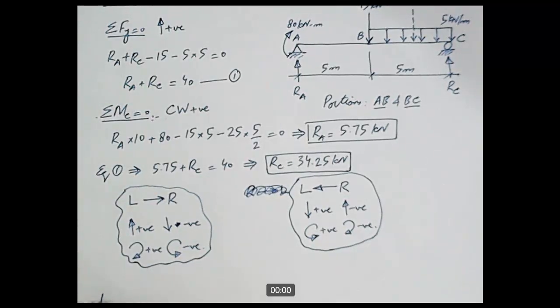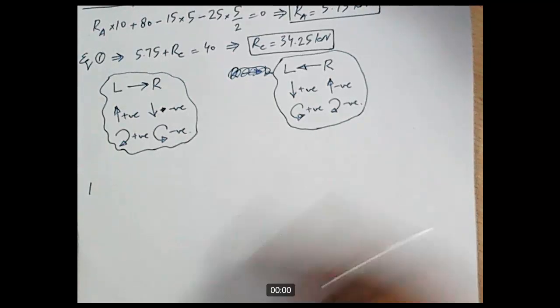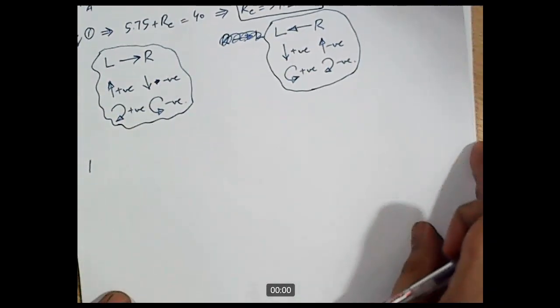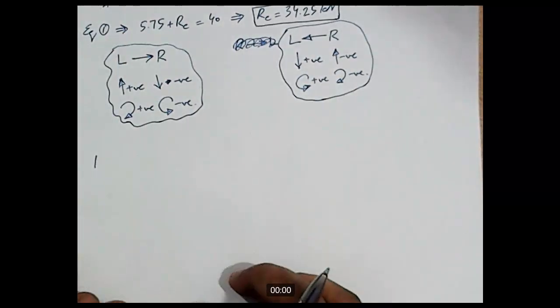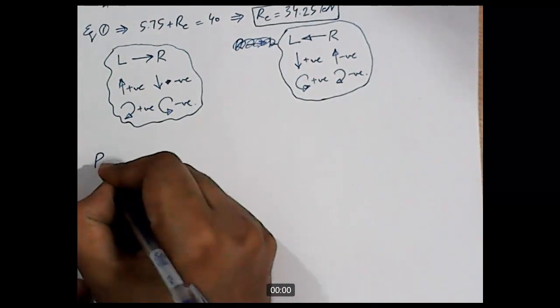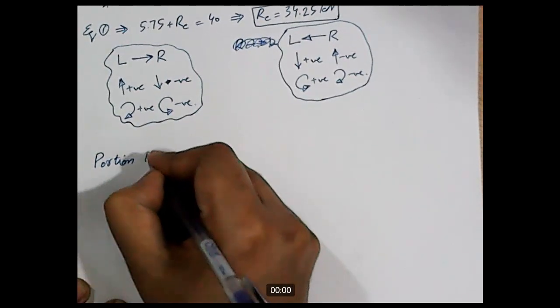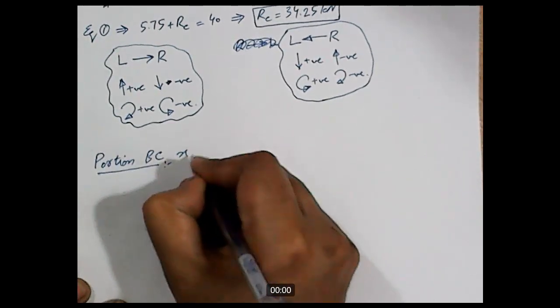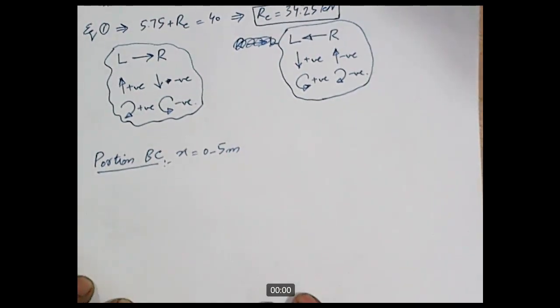The first portion that we will consider is portion BC, and the X will range from 0 to 5 meters for this portion.